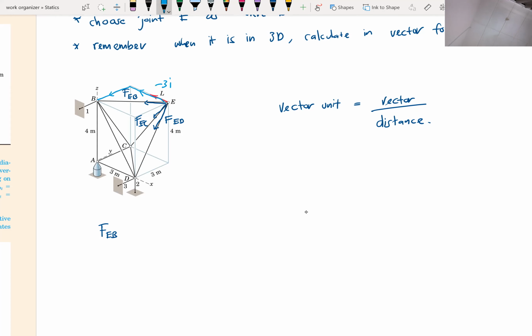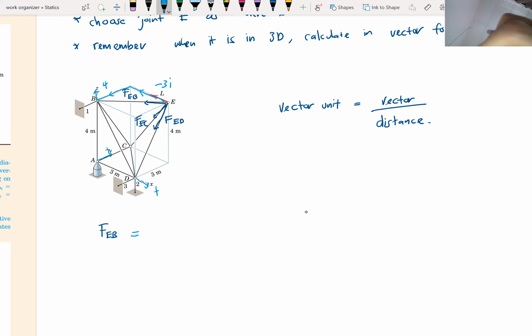Always remember this is positive, this is positive, and Y should be positive this way. So for FEB we have minus 3I.